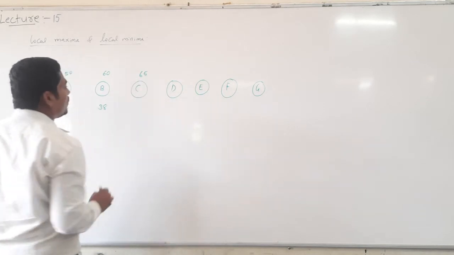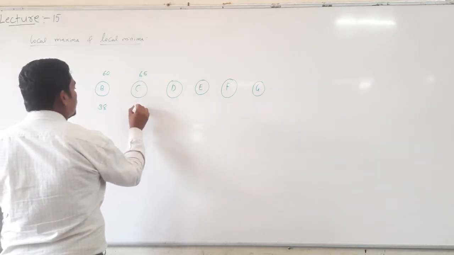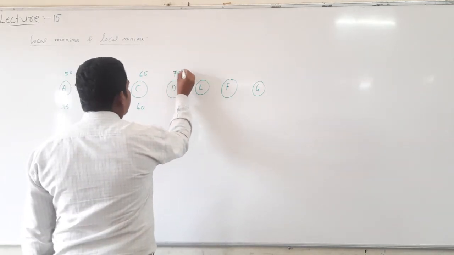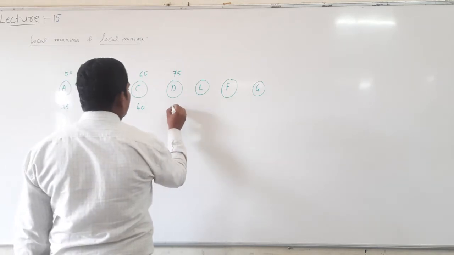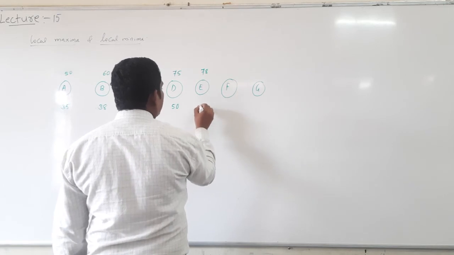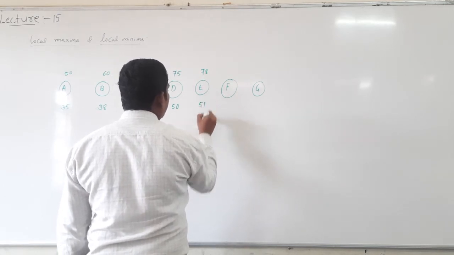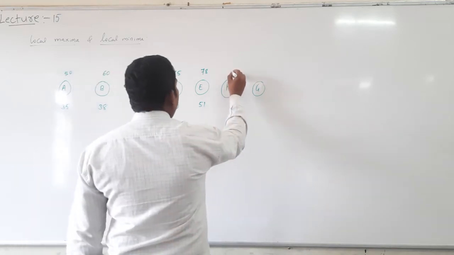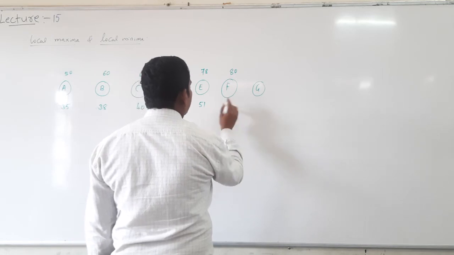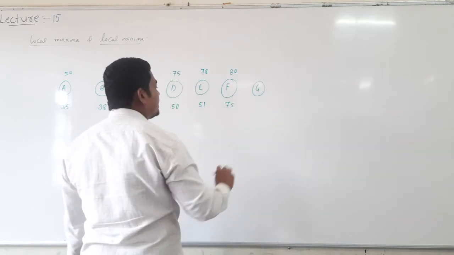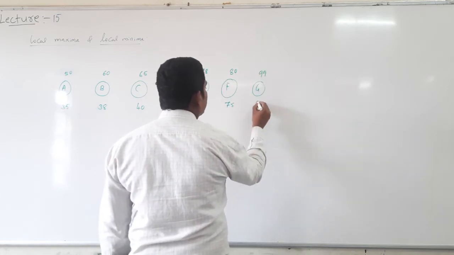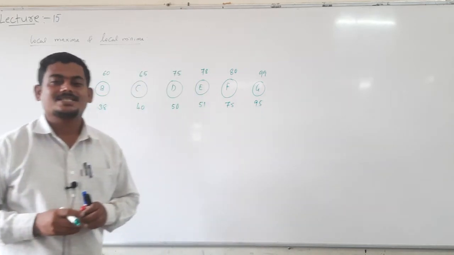In C section, suppose highest result 65, lowest 40. In D section, highest 75 and lowest 50. In E section, highest 78, lowest 51. Here suppose 80 is highest result and least is 75. In G section, highest result 99% and lowest result 95%. It is just an assumption.